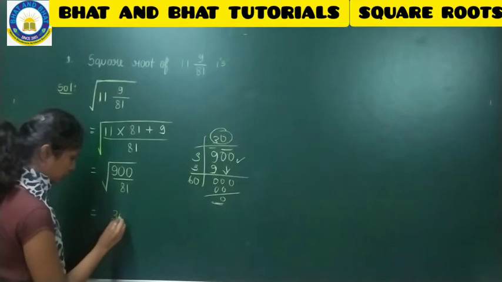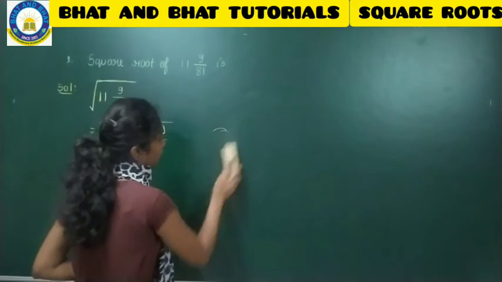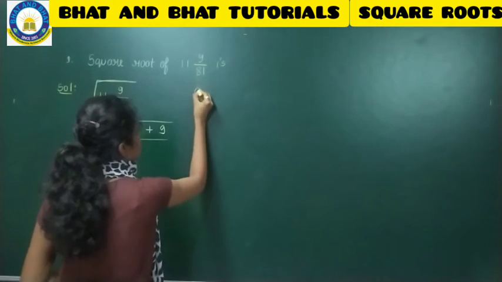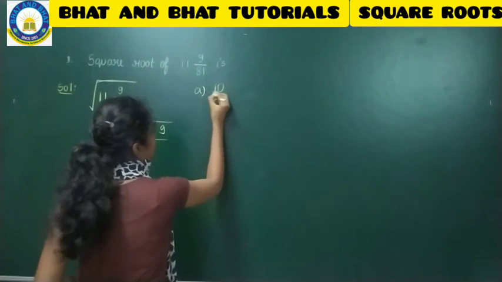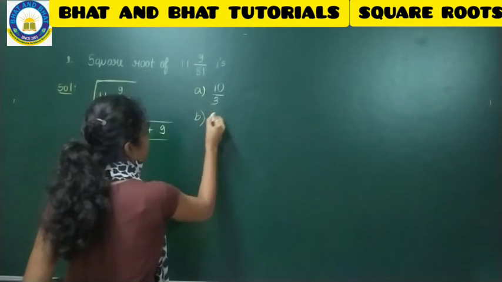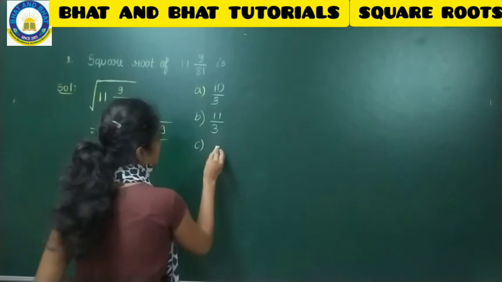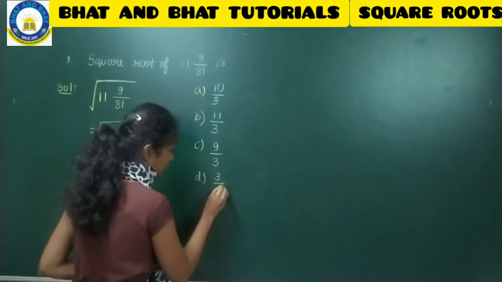So you write 30 by 9. But in the options, option A is 10 by 3, option B is 11 by 3, option C is 9 by 3, option D is 3 by 2.